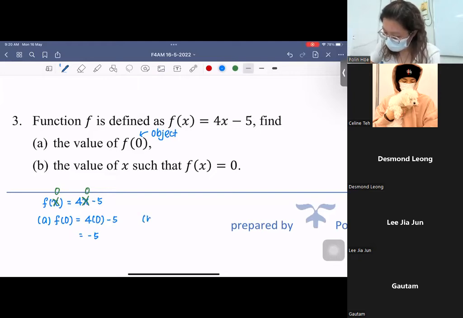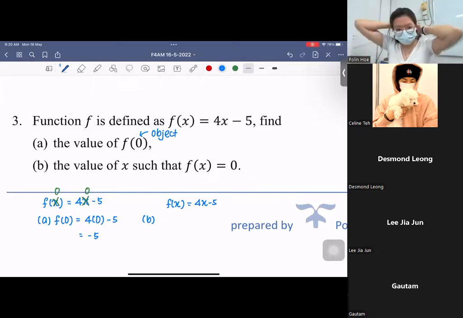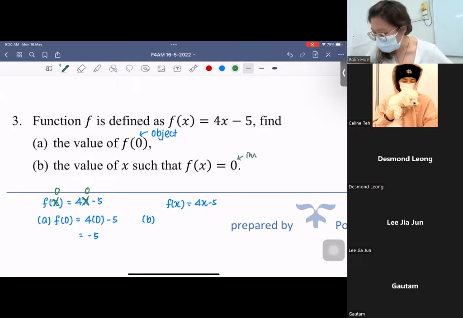But for B, still the same, f(x) equals 4x minus 5. Now, I want you to tell me, what is the value of x when f(x) equals 0? So this 0 is the image.